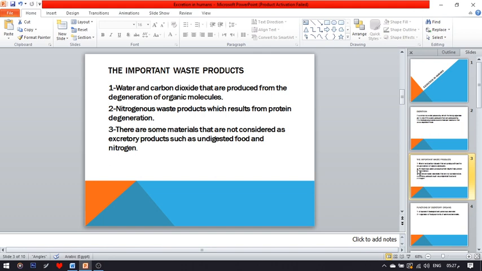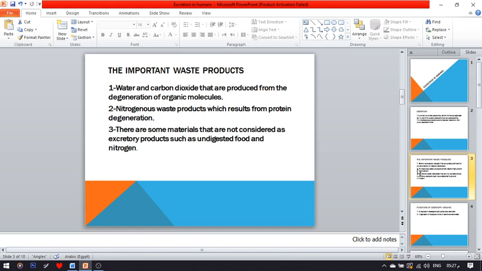There are other products which are not considered excretory products, like undigested food, which is excreted in the form of stool or feces, as they do not pass through the plasma membrane of the cells. Also, nitrogen enters and leaves the two lungs in inspiration and expiration without passing through the plasma membrane.